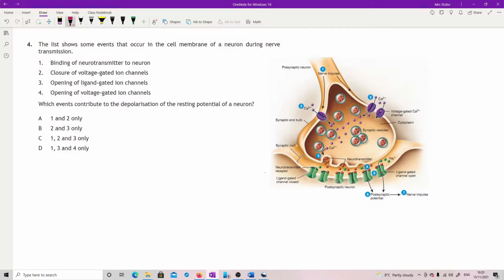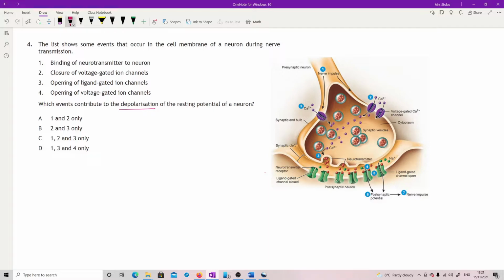I'm going to put up a picture of a synapse just to remind you what's going on over here. The list shows some events that occur in the cell membrane of a neuron during nerve transmission. We've got binding of the neurotransmitter to the neuron, closure of voltage-gated ion channels, opening of ligand-gated ion channels, opening of voltage-gated ion channels. Which events contribute to the depolarization of the resting potential of a neuron? So basically what stops charge building up inside the neuron?